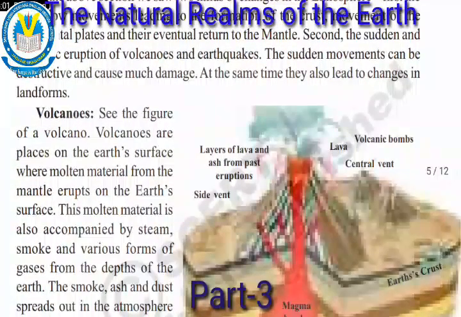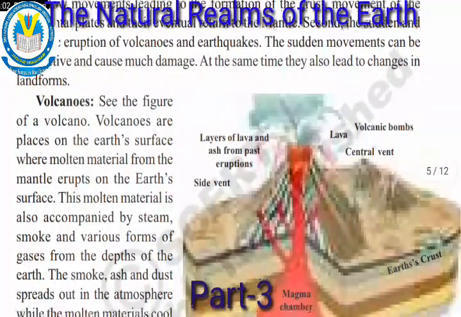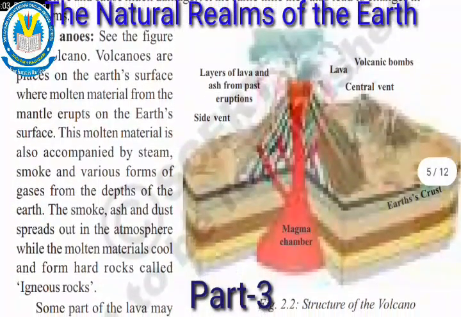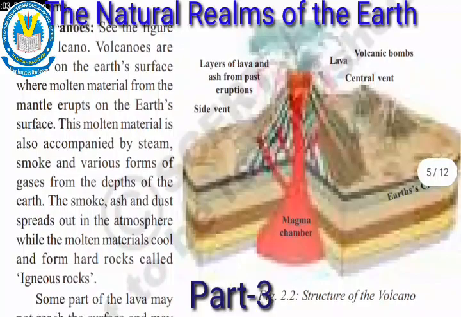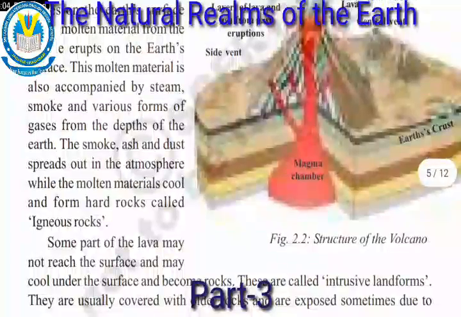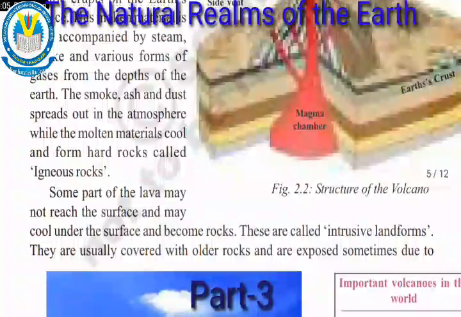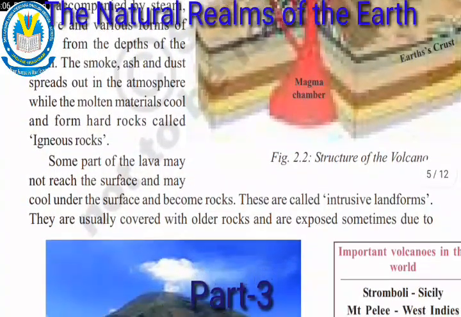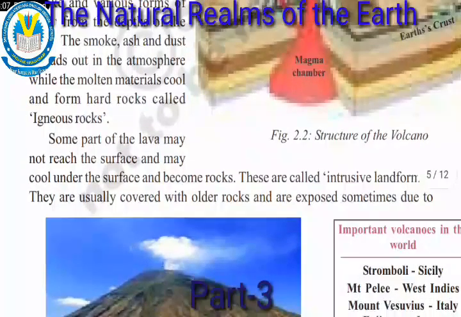The sudden movements can be destructive and cause much damage. At the same time, they also lead to changes in landforms. So it means there are two types of actions that take place for the changes of the landforms on the lithosphere.